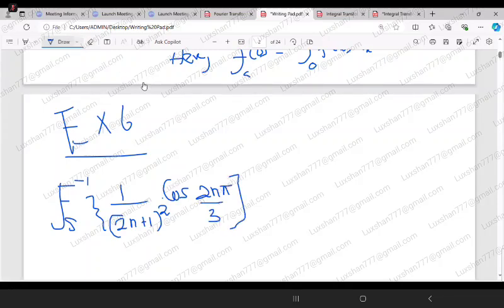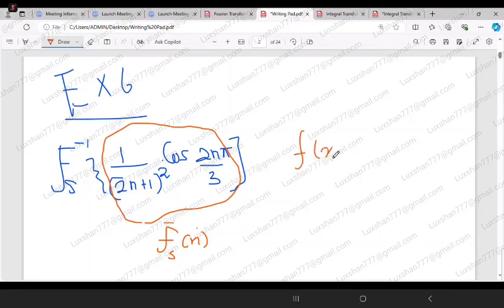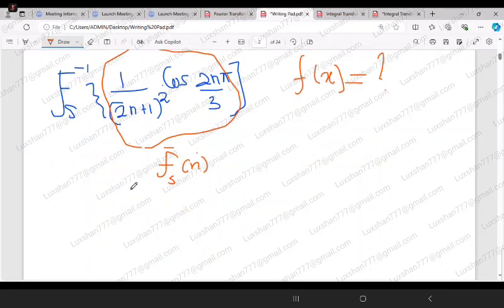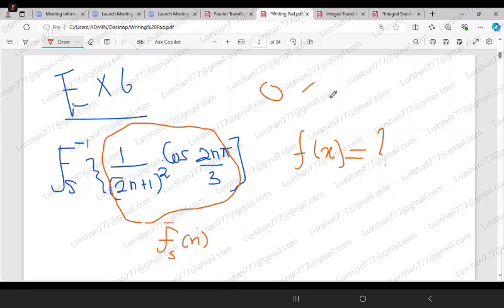So actually, this is our f bar s of n. So the question is what is f(x)? That means we want to find f(x). According to the definition, this is the sine transform. Therefore, we know that our range is what? x is between 0 and 1. So in this case, our L is equal to 1.